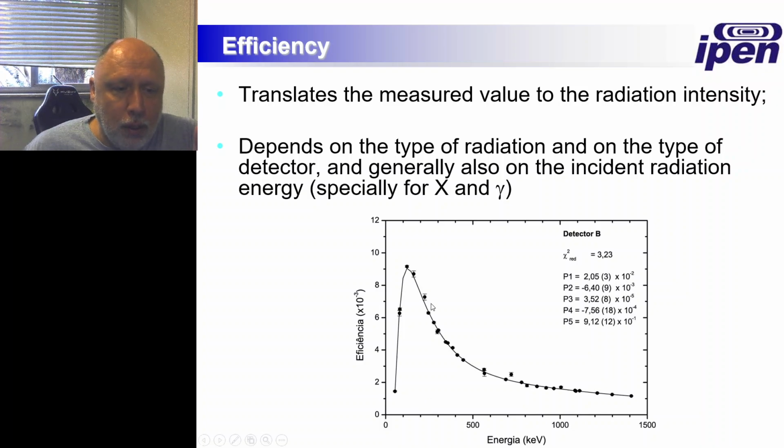So you see, it has a characteristic shape because at low energies the radiation cannot reach the detector, and for higher energies it sometimes passes through and leaves no trace, right? So you see, it's very energy dependent, right?